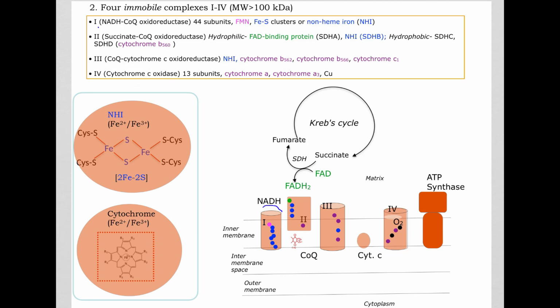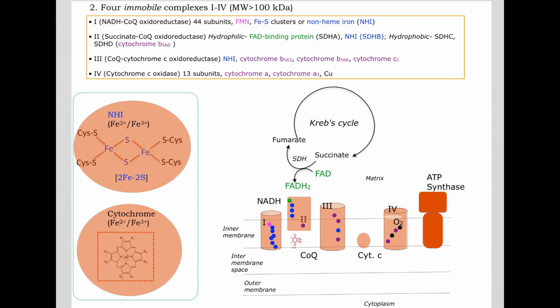Complex 1 consists of FMN, flavin mononucleotide, and FMN is very similar to FAD. It can exist in its oxidized form or its reduced form, just like FAD. So FMN is a redox center that is present in complex 1.